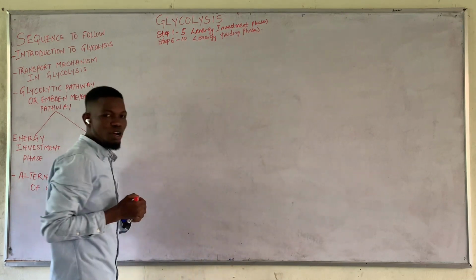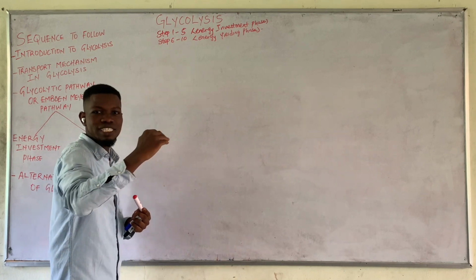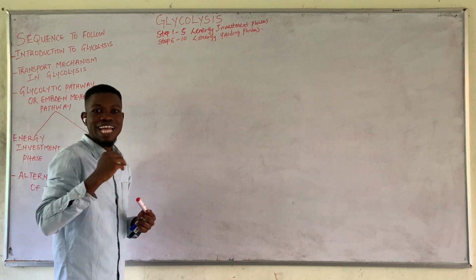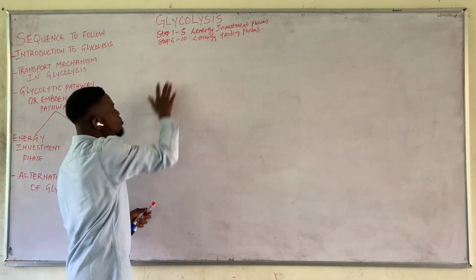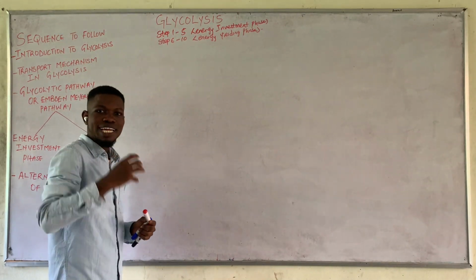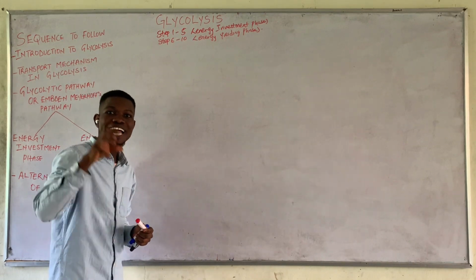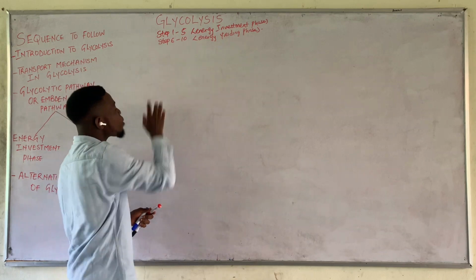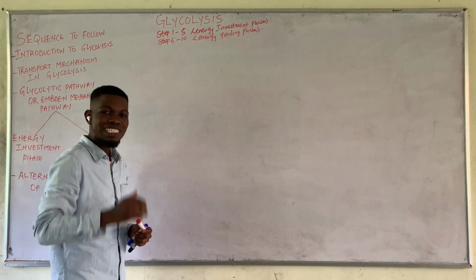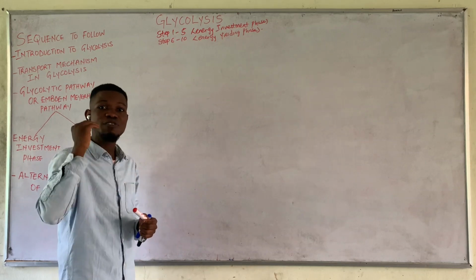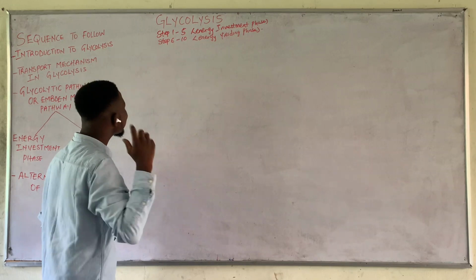From hexokinase to triose phosphate isomerase, we invest energy in the form of ATP. But from step 6 to step 10, we yield back our energy. In this video, I'm going to be talking about steps 1 to 5, the energy investment phase, starting from hexokinase, the first enzyme, to triose phosphate isomerase. Now let's get into it.